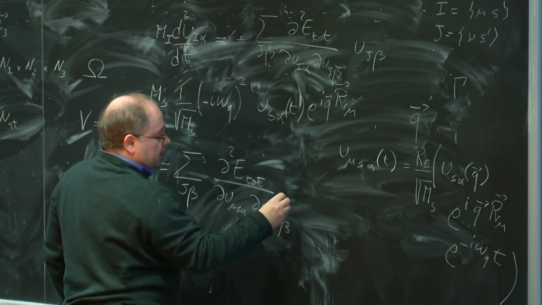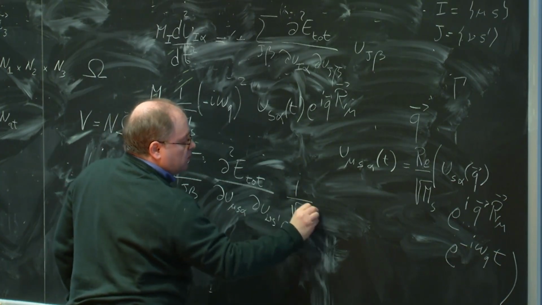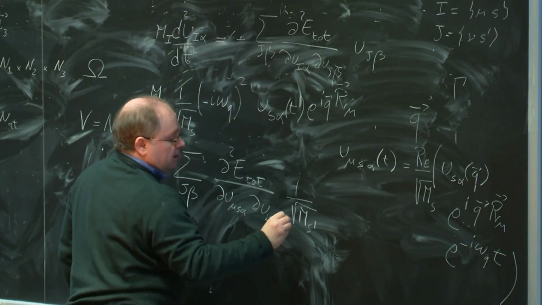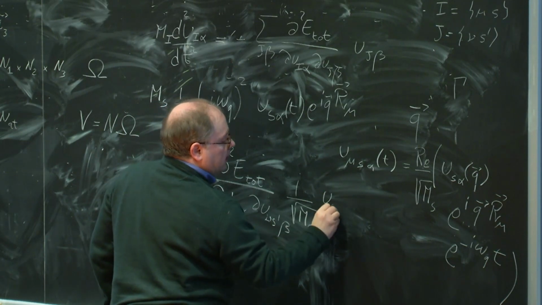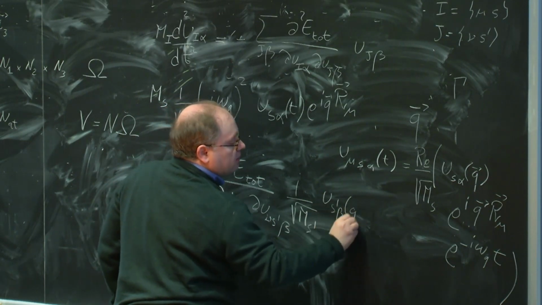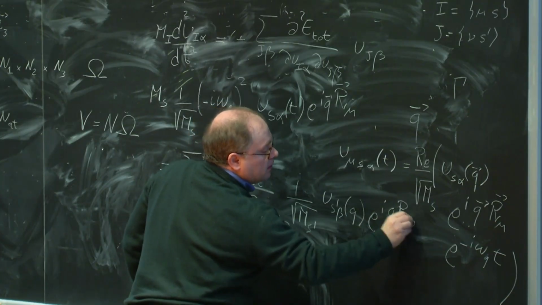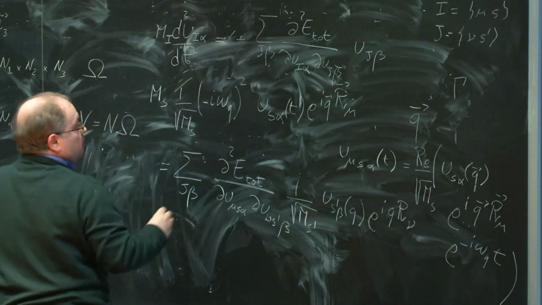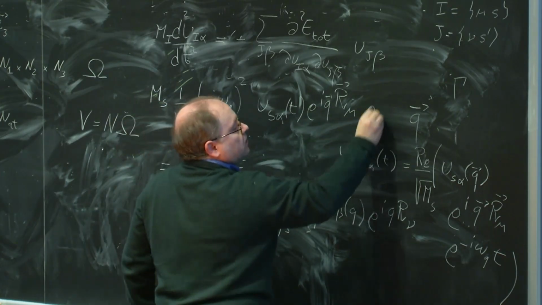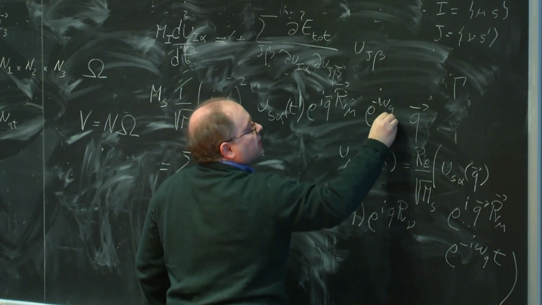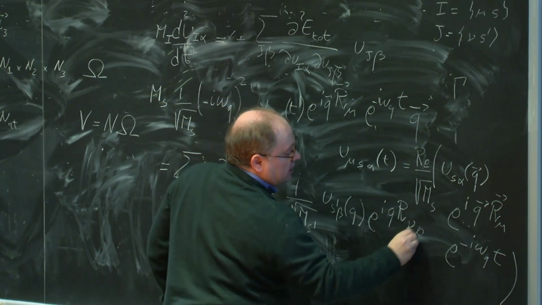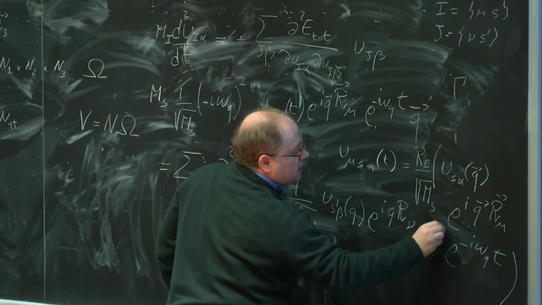And here we will have 1 divided by the square root of M S prime, U S prime beta of Q, e to the I Q r nu. And then there is both here e to the I minus I omega q t, and here e to the minus I omega q t.